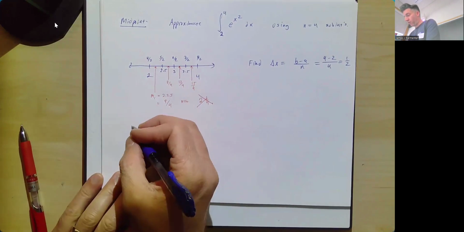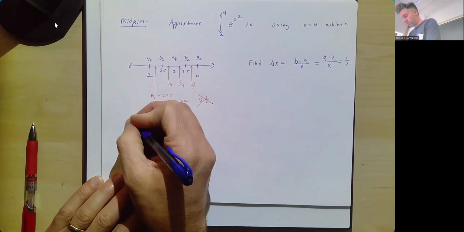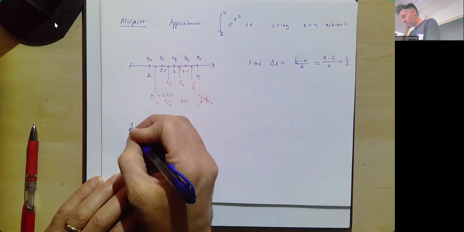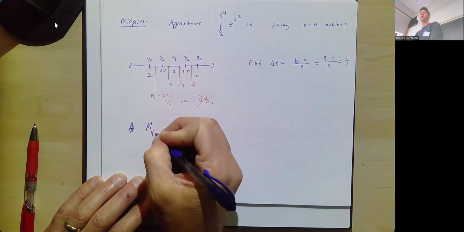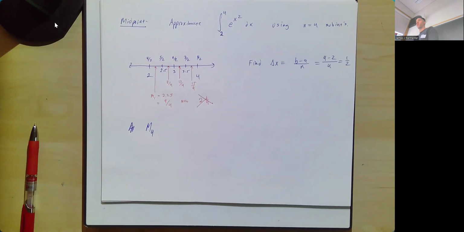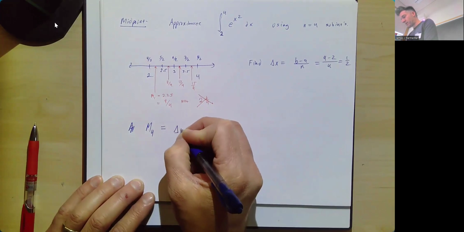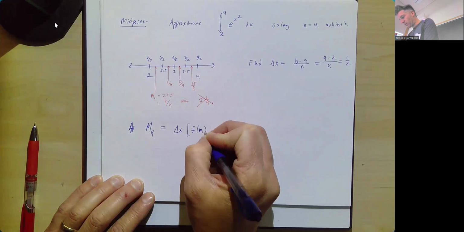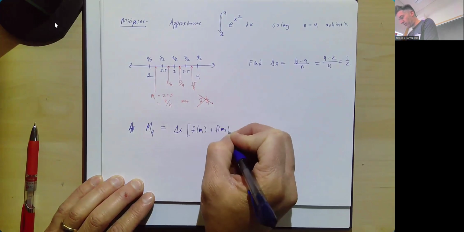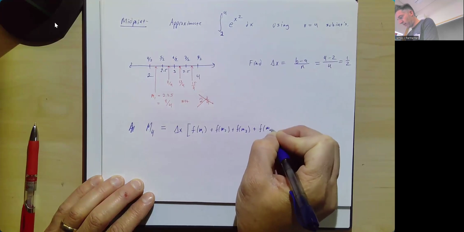So again, here's our formula for the area using midpoints. The notation is M4. It's the midpoint rule approximation using 4 subintervals. That's pretty standard notation. And it's going to be equal to my delta x times f of my first midpoint plus f of my second midpoint, all the way to f of my fourth midpoint.